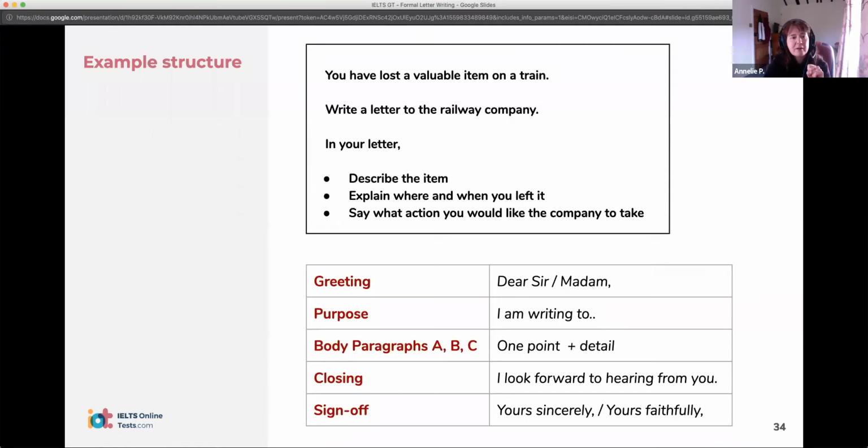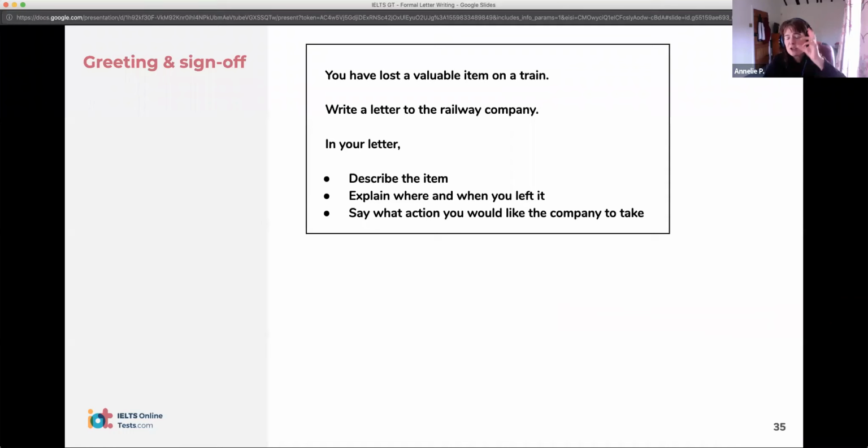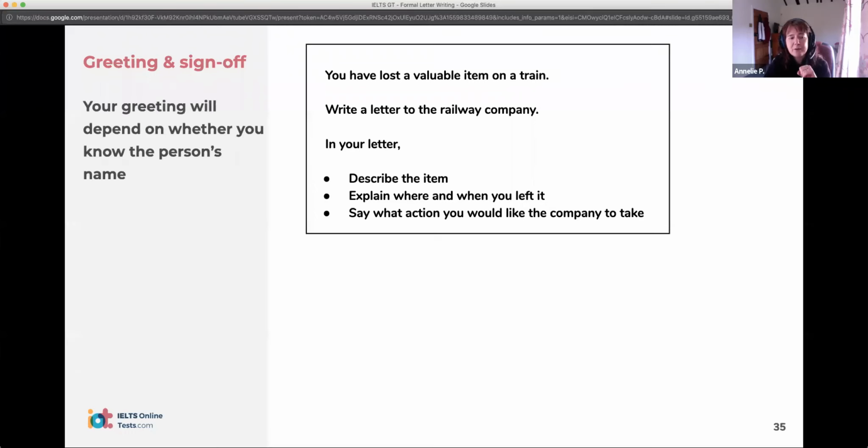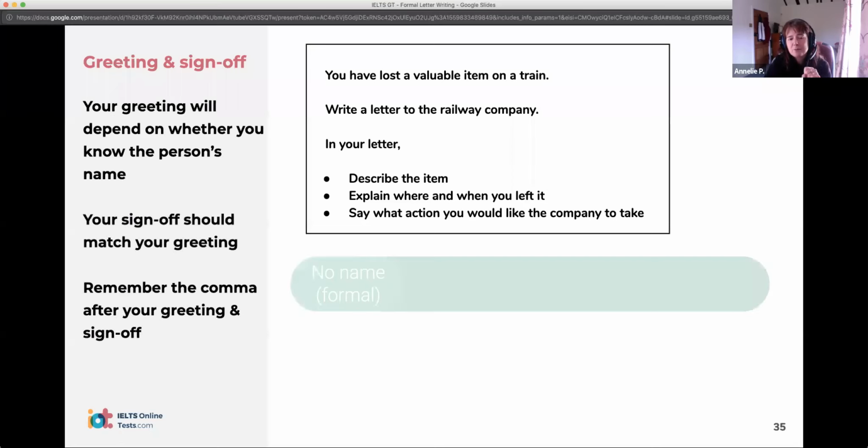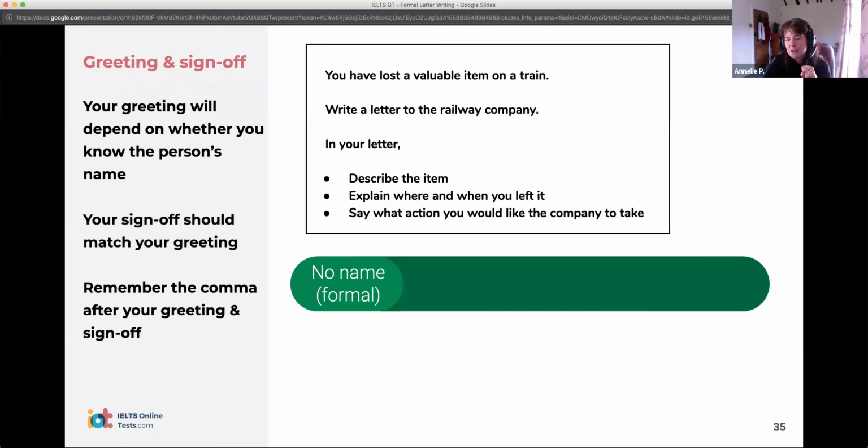Okay. So let's look more specifically at the greeting and sign off, okay, for all the different types of letters. So again, this is very conventional. You have to match things very, very closely, depending on how you begin. So if you don't know the name of the person, you're going to start, dear sir, madam.